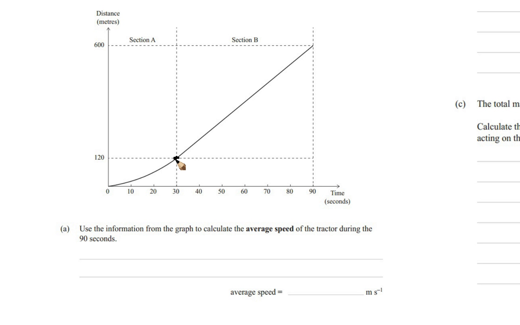So to work out the speed on our distance time graph, we just take the rise over the run. Remember, the slope is the rise over the run. So we take the rise, which is our distance, divided by the run, which is our time. So the velocity equals, we've got the rise from 120 to 600. How much have we gone up by?